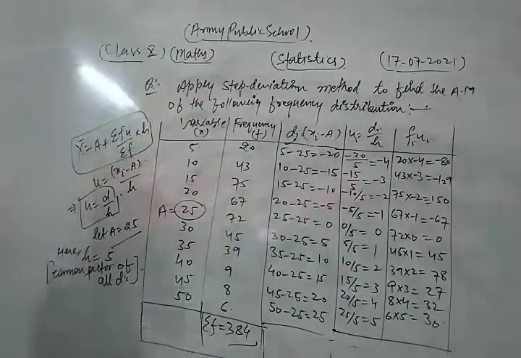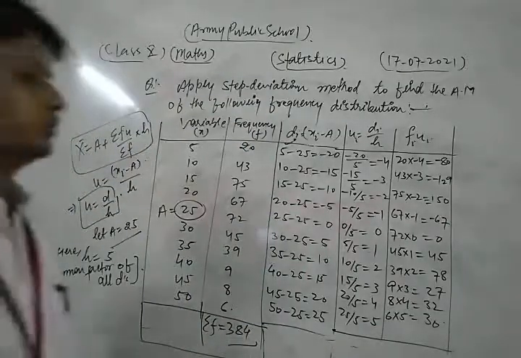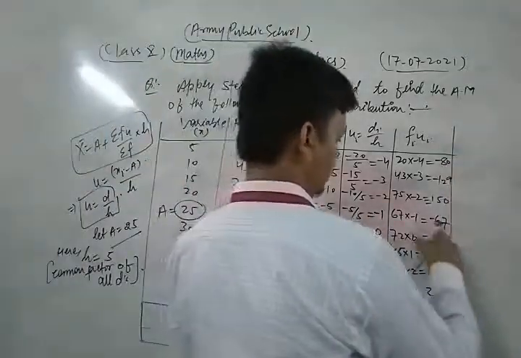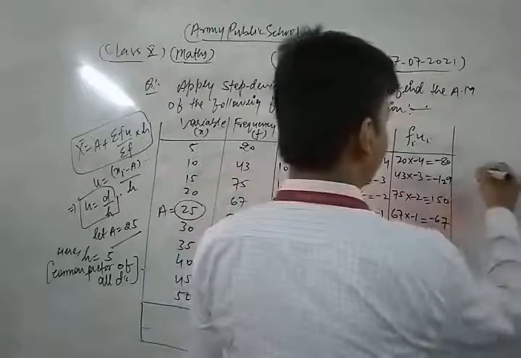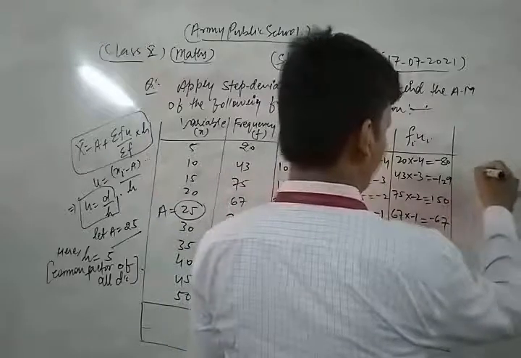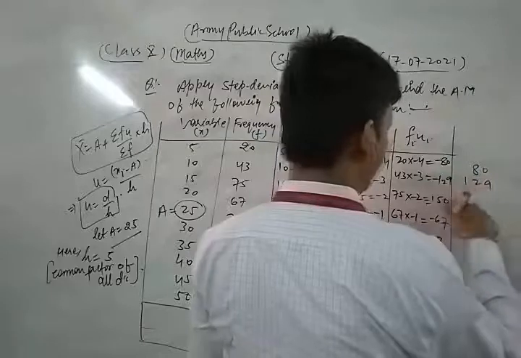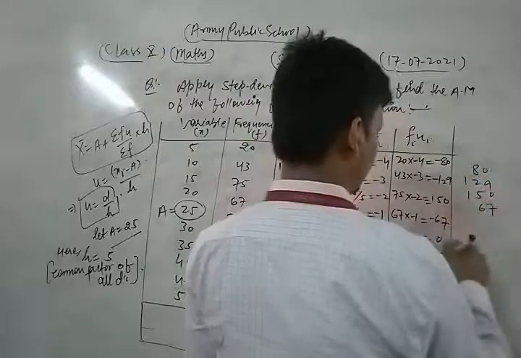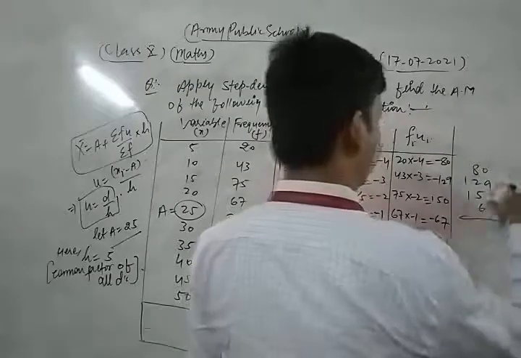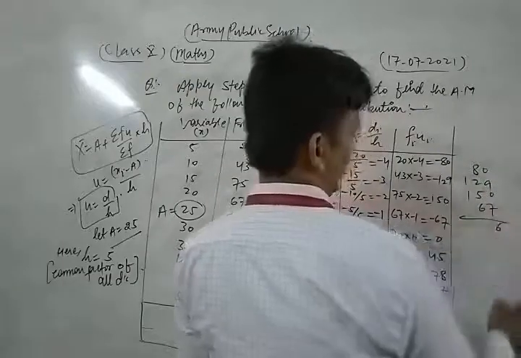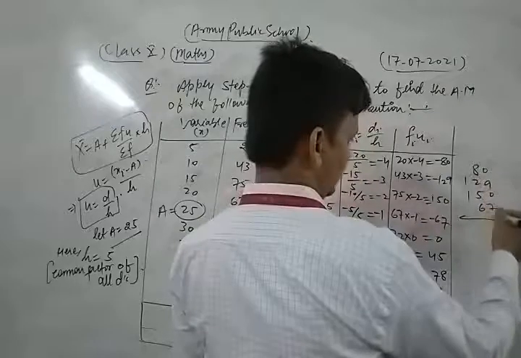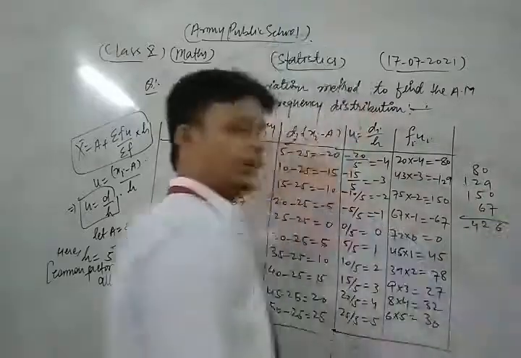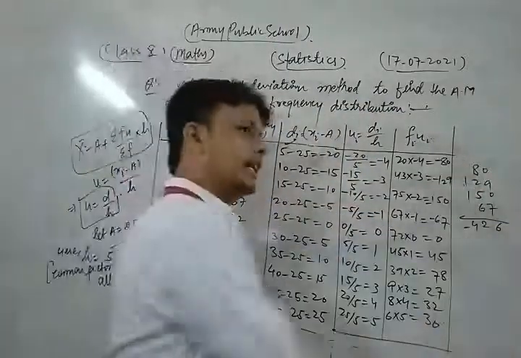Now first of all we add all the negative terms: 80, 129, 150, 67.